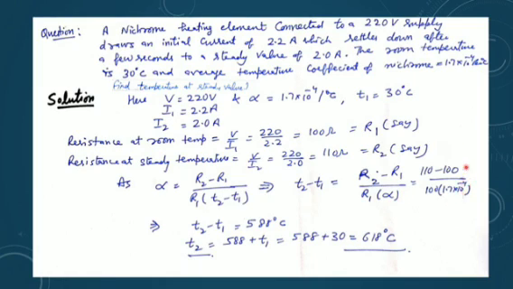So you put the values, and on working out, we are getting T2 minus T1 as 588 degrees Celsius. And from here you can calculate T2, which is 588 plus T1. And T1 is 30 degrees Celsius. So putting the value of T1, it is 588 plus 30, which equals 618 degrees Celsius. So this is the final temperature where the current settles down to the steady value.